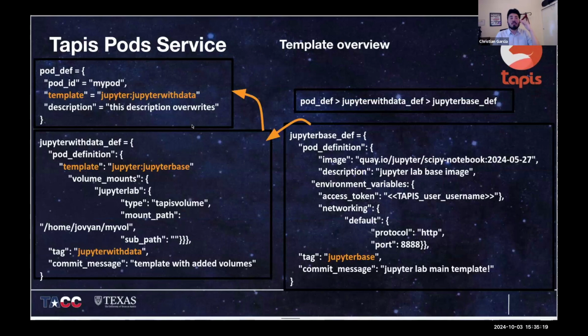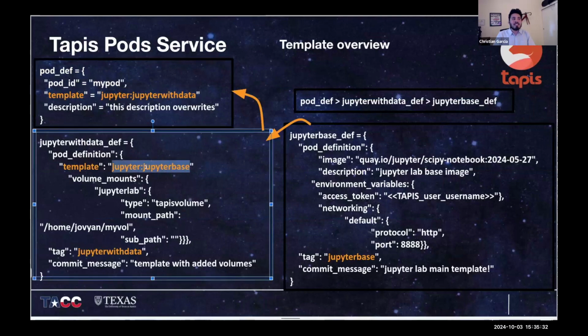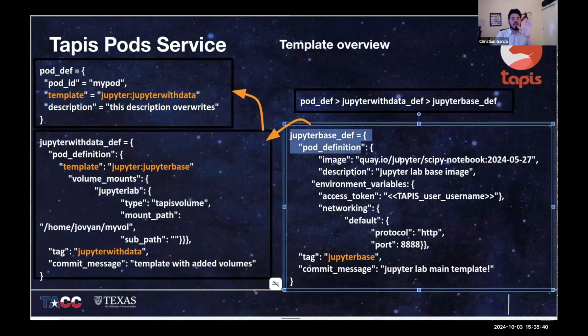So going back to Jupyter very quickly, let's say I want to create a Jupyter lab. In the pod service, I can specify a Jupyter template in my pod definition. Inside of that template, you can actually define other templates first off. But then you can add this base template.